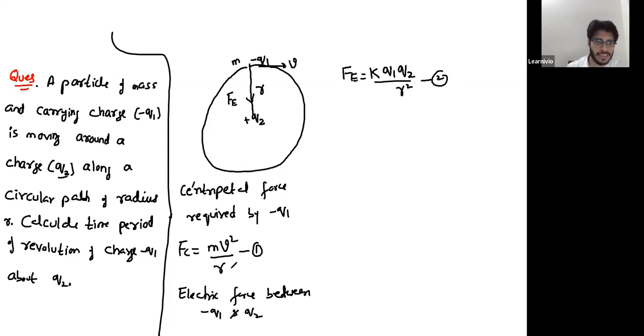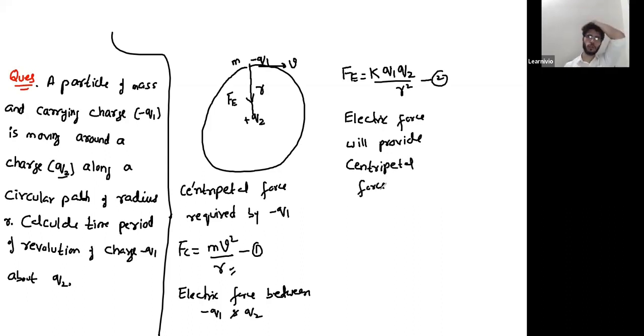Now, this centripetal force is provided by the electric force. So we can equate them. Centripetal force is mv square by r, and electric force is K Q1 Q2 over r square.